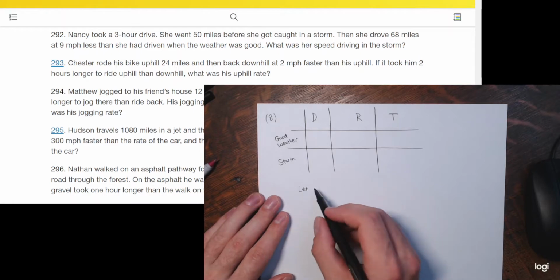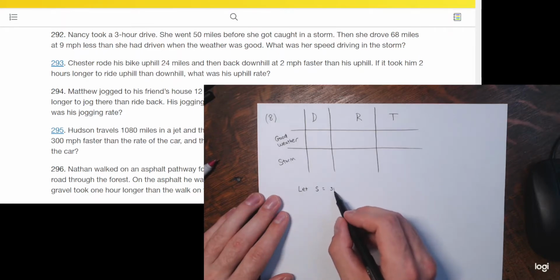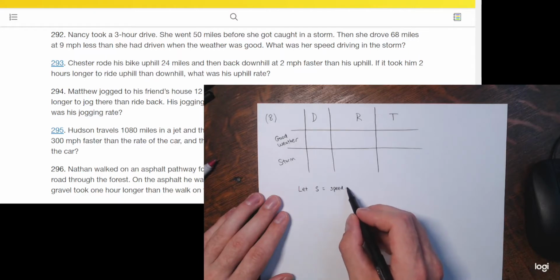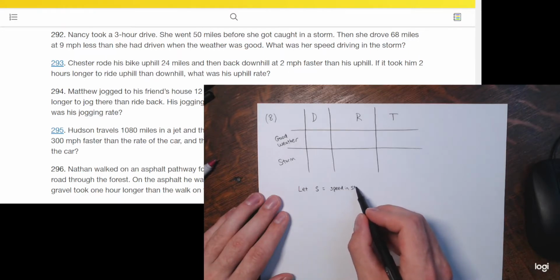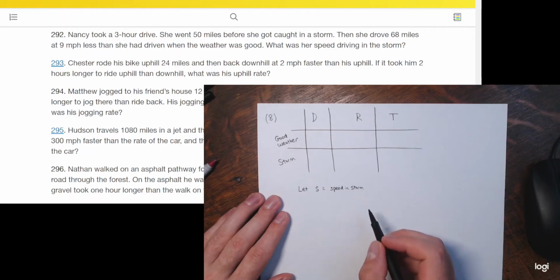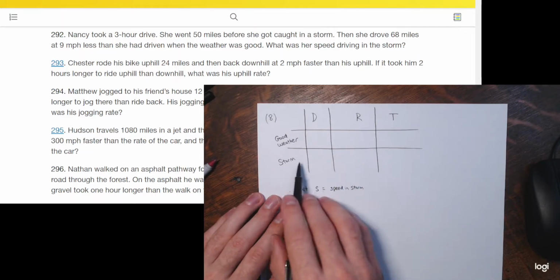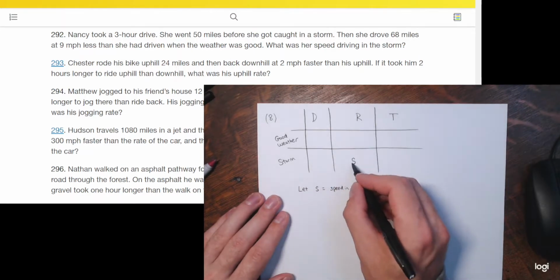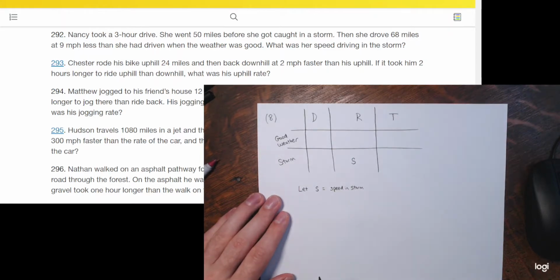So I'm going to let S for storm. I'm going to let S be speed in the storm. So that'll be the rate in the storm row, S. Now it did say that she drove 9 miles per hour less in the storm than in good weather.